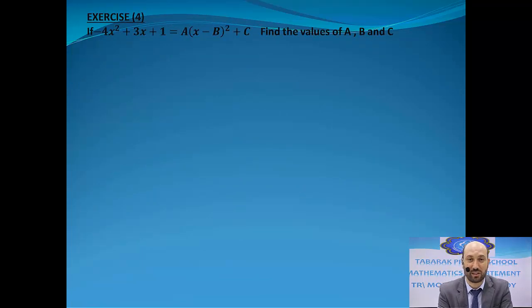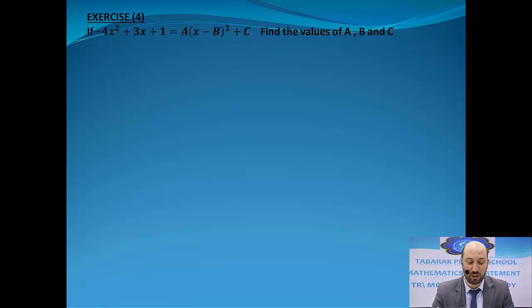Now for exercise 4, if negative 4x squared plus 3x plus 1 equals a times (x minus b) squared plus c, find the values of a, b, and c. So for this exercise, if we look at the right side, we can find it as a completing square form.